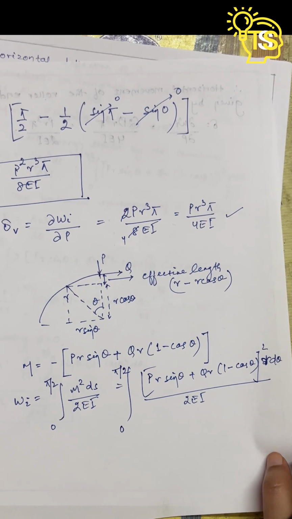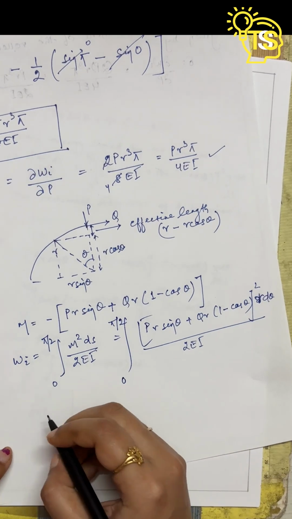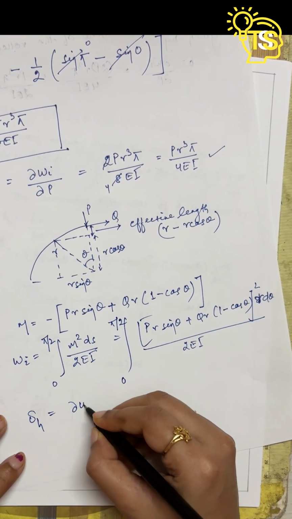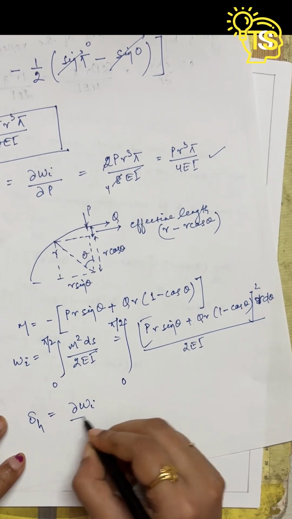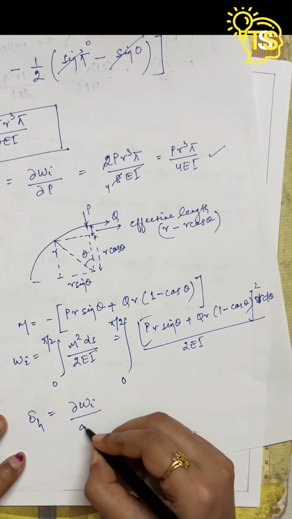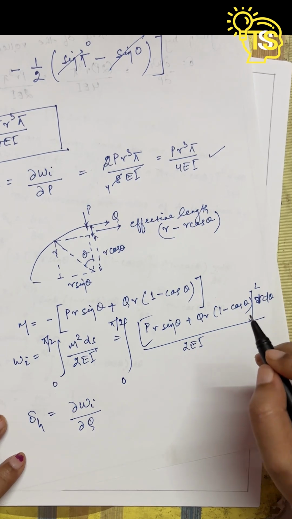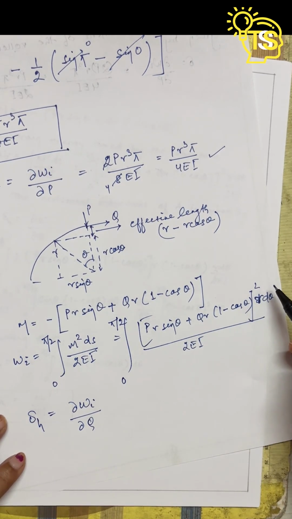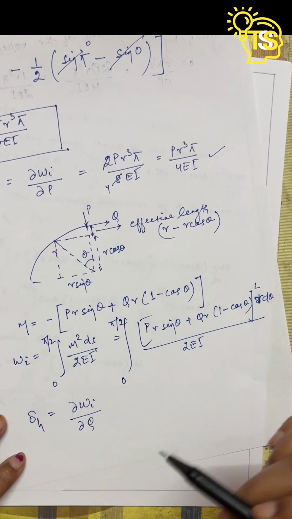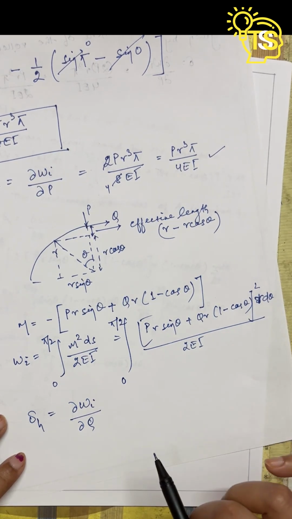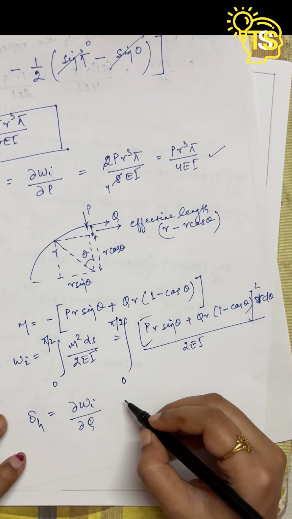Now let's calculate the horizontal deflection. So the formula of horizontal deflection is the partial derivative of strain energy, that is del U upon del Q. Here we will not solve this square because we will leave it like this; while we partially differentiate it, the calculation will become easier.